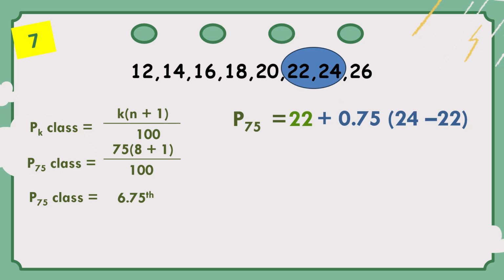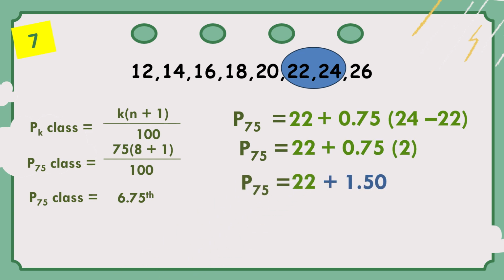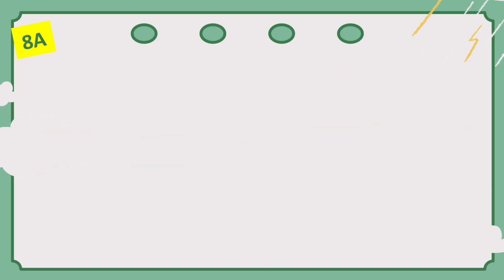So percentile 75 is equal to 22 plus 0.75, and then 24 minus 22, that is 2. So percentile 75 is equal to 22 plus 0.75 times 2, that is 1.5. So if we add, we get the value for the percentile 75. The answer is equal to 23.50.